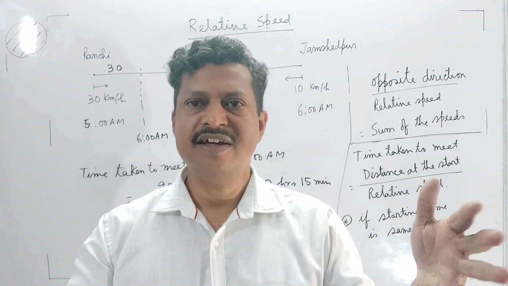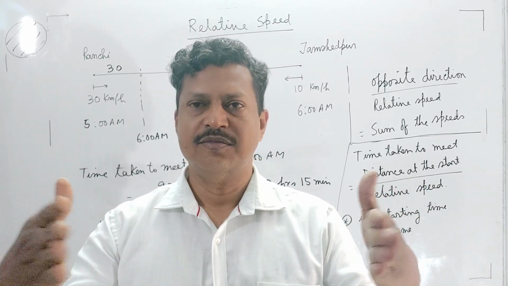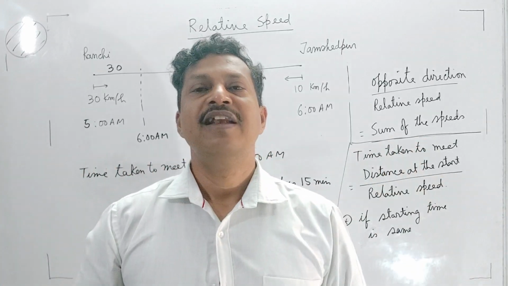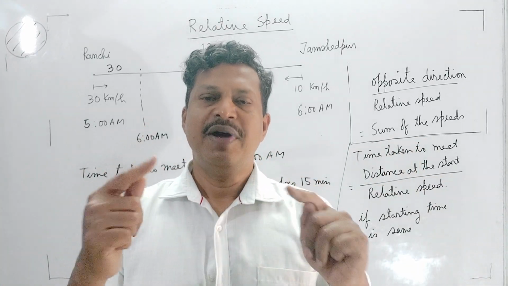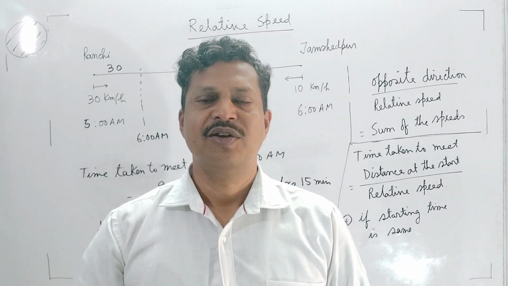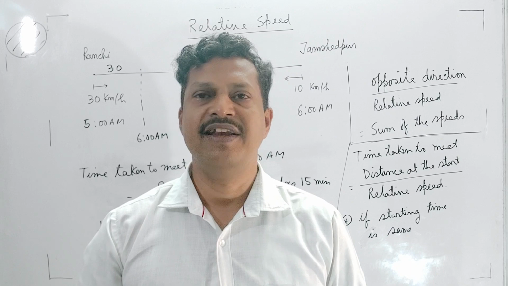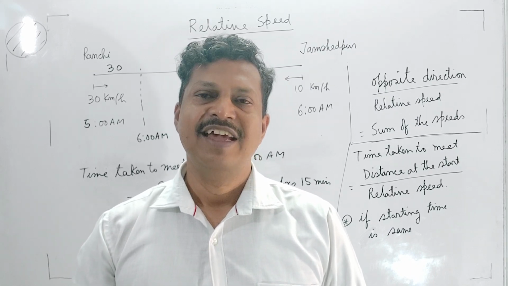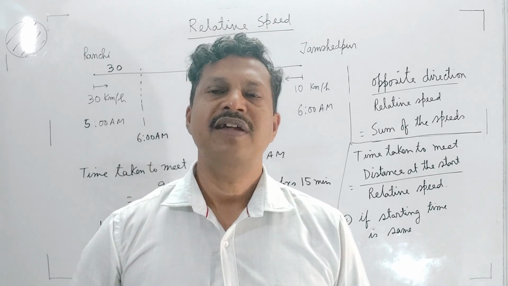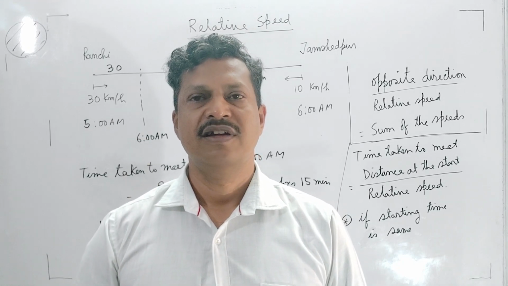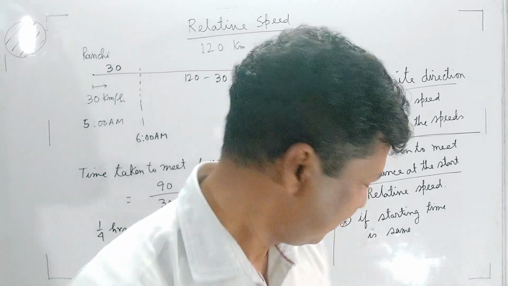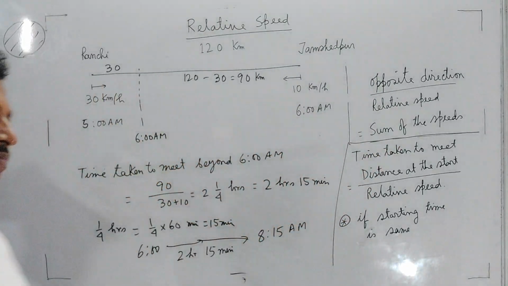If it is a linear distance, they'll never meet because they'll increase the gap. Now, if the person in front has higher speed than the person behind, they can meet if it is a circular path or circular track. When we learn circular motion, we'll learn that. So not now.